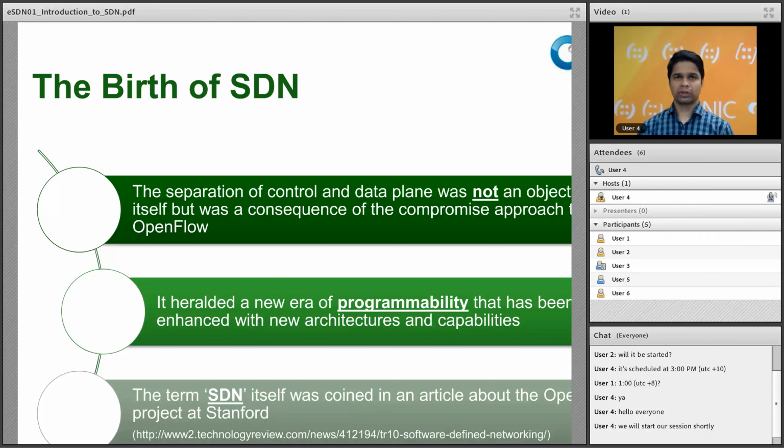And this approach, however, created a new era of programmability that has been vastly enhanced with the new architecture and capabilities. And number three, the term SDN, or software defined networking, itself was coined in an article about the OpenFlow project at Stanford. So I have the reference where Stanford mentions the OpenFlow project and SDN.